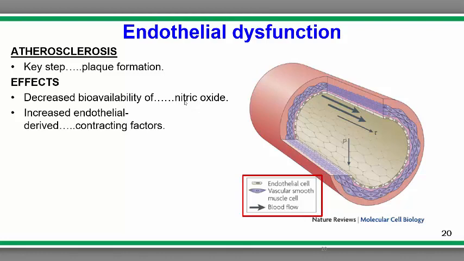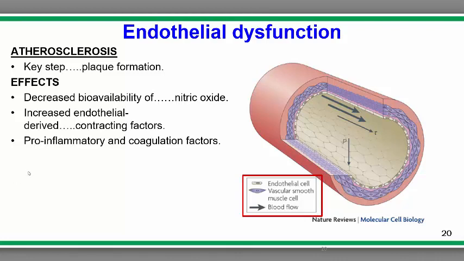Recall in our previous lecture, nitric oxide functions to relax smooth muscle, thereby allowing vasodilation to take place. However, these cells will also produce molecules that will generate the opposite effect and trigger smooth muscle contraction, causing vasoconstriction.